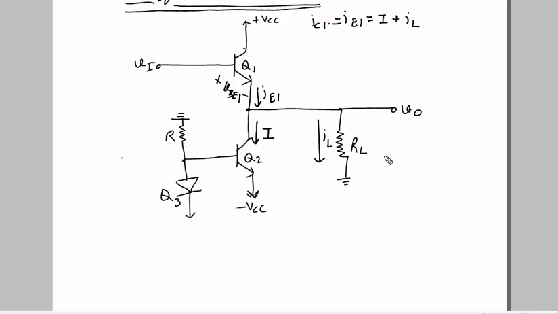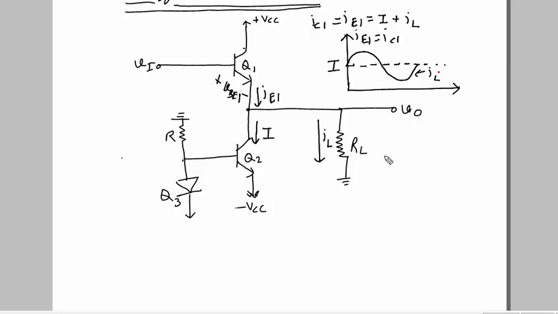Here I will consider alpha as 1. Now what does this represent? Suppose we want to draw the waveform for IE1 or IC1. First it will have a constant bias current I, and on that IL is superimposed. So this represents IL. So IE1 equals I plus IL.